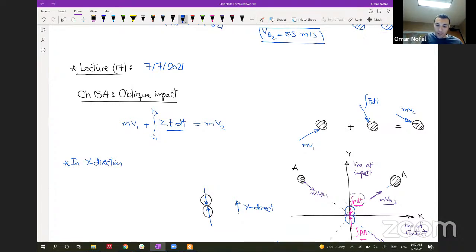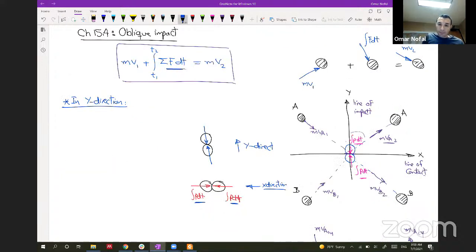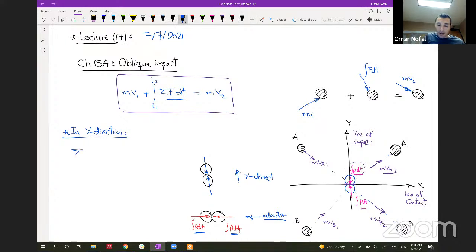direction. So in y direction, if we apply this equation for the whole system, you will have the sum of the masses multiplied by V1 plus the integration from T1 to T2 of the sum of the forces dt will be equal to the sum of the masses times V2. So this is for the entire system. And if we are talking about the entire system and we only have impulses that cancel each other like in this case, this term will be equal to 0.